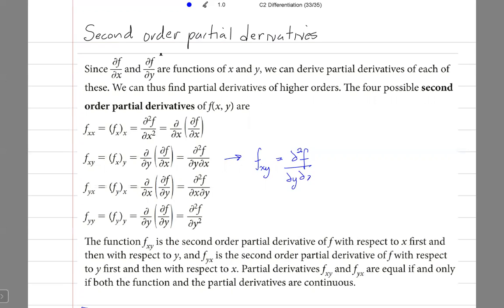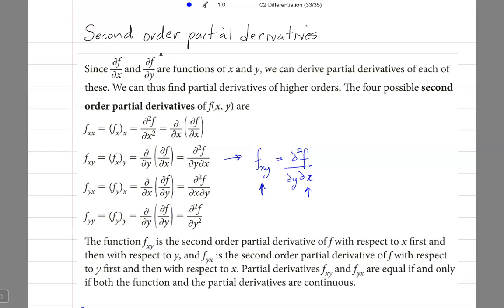Please note, the ∂x is written second, but it must be done first. You differentiate with respect to x first and then with respect to y. Here the x comes first, over there the x comes second, but what it means is that you must first differentiate with respect to x and then with respect to y.